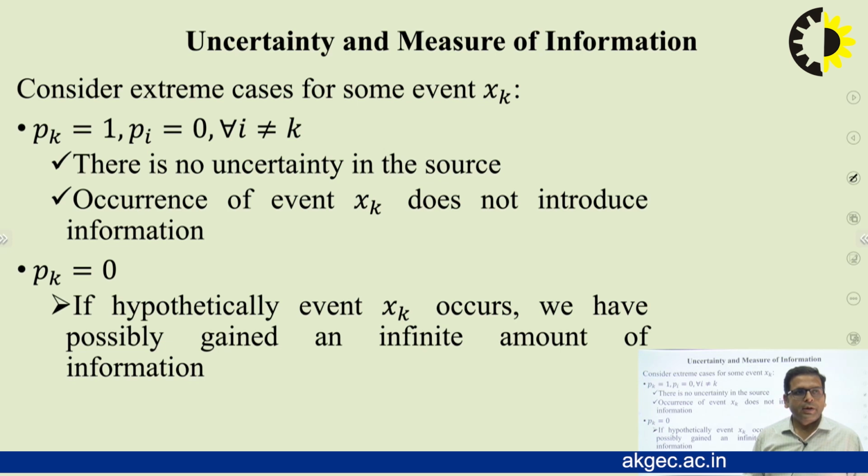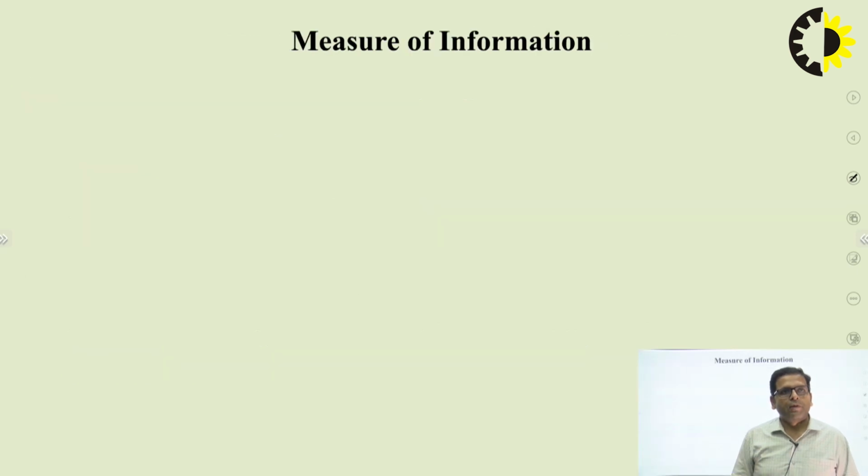Also, when we take the other extreme case, that is pk equals 0, this is a hypothetical event, and if this event occurs, we have an infinite amount of gain in information. So, we can say that the probability of occurrence is inversely proportional to information.